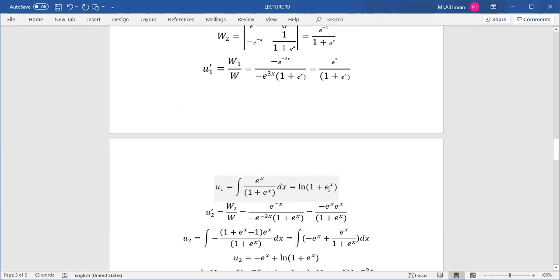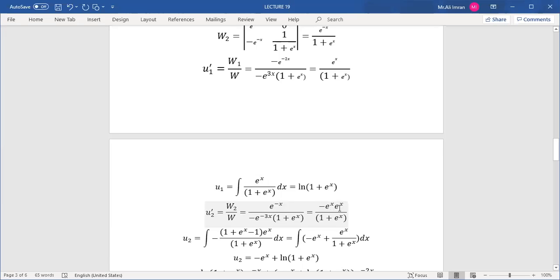This is u1. Now, in order to find u2, u2 prime is equal to W2 divided by W, and W2's value is e power minus x divided by 1 plus e power x, and W's value is minus e power minus 3x. If we simplify this, we get minus e power 2x divided by 1 plus e power x, and we separate it into two terms.